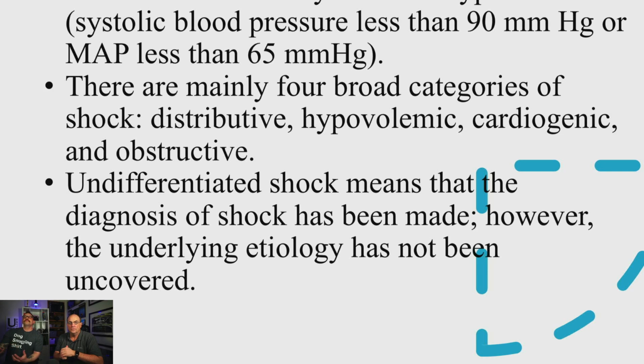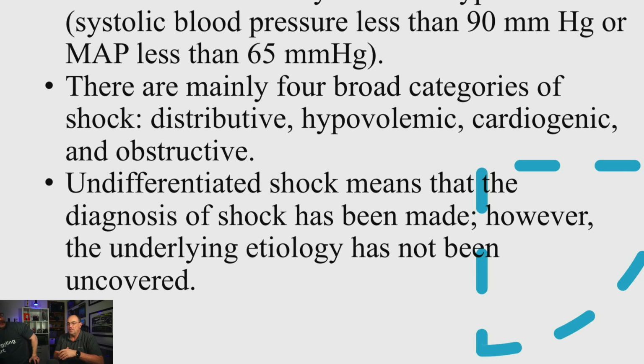Now, there's also this kind of hidden, nuanced 5th type of shock that we don't typically talk about, but it's undifferentiated, which means that I know my patient's in shock. I just haven't figured out why yet. So it could be hypovolemic. I just don't know why. Because they have all the signs and symptoms, right?